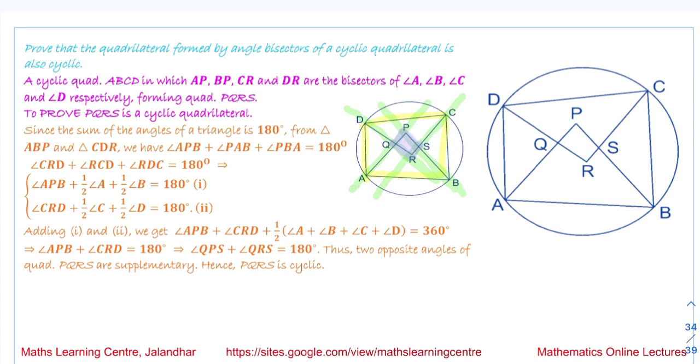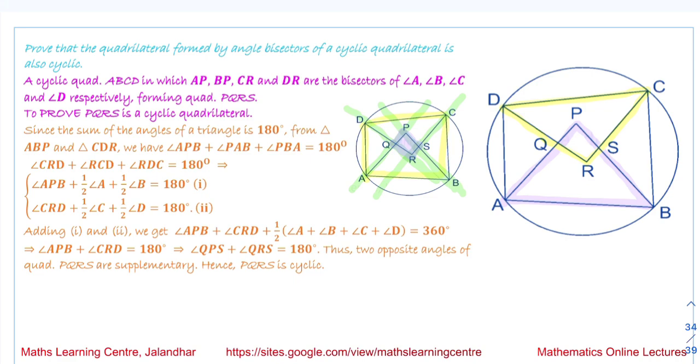a cyclic quadrilateral. So if we look at the triangle ABP, this triangle we are talking about, and the second triangle we are talking about is DCR. These are the two triangles we are talking about. So the sum of their angles is 180 degrees.